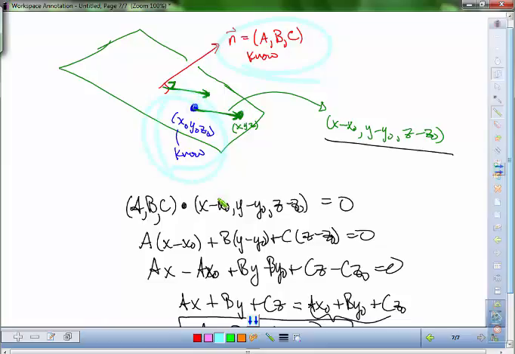So if you know a point and a normal vector, then you can find the equation of the plane. That's like knowing the point and the slope in 2 dimensions. If you knew the point and the slope of a line, you could find the equation of the line. If you have a point and a normal vector, you can find an equation of the plane.